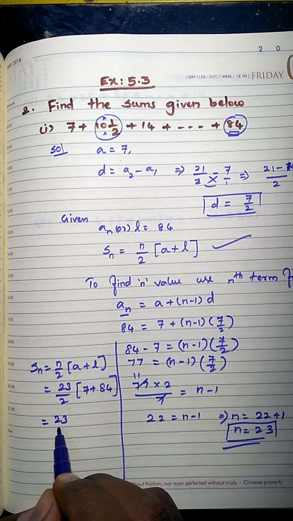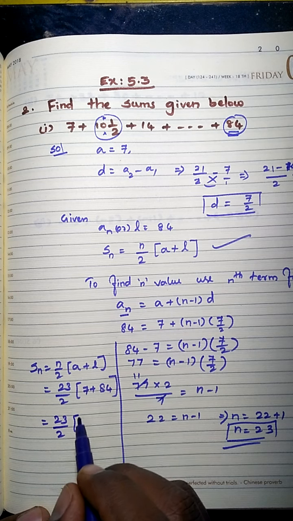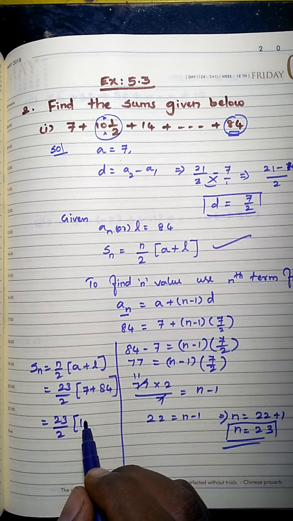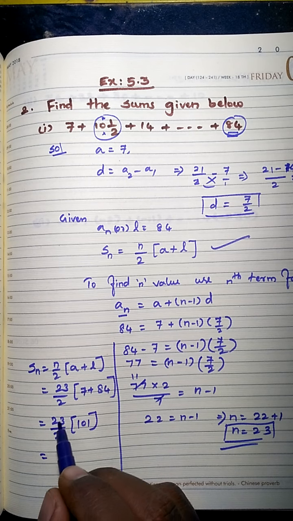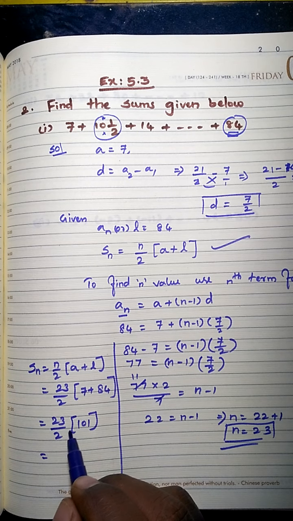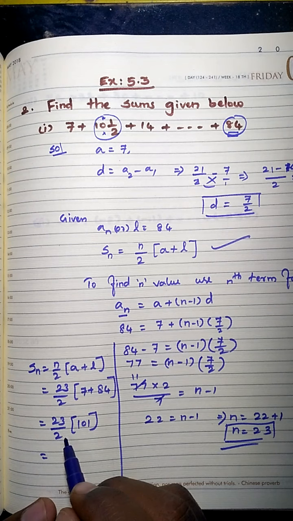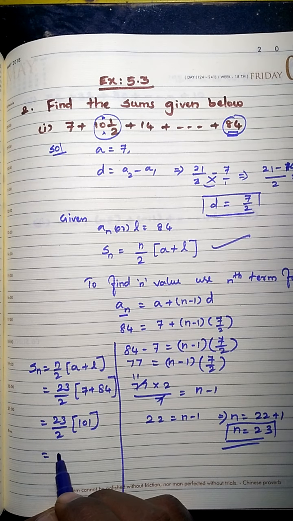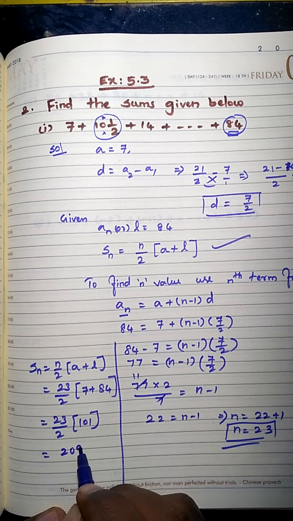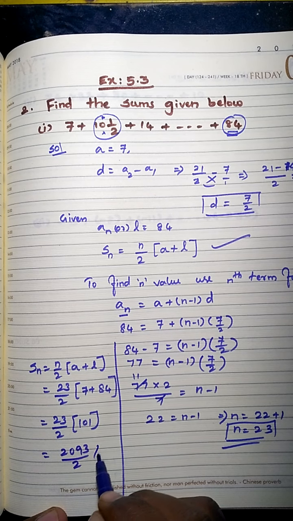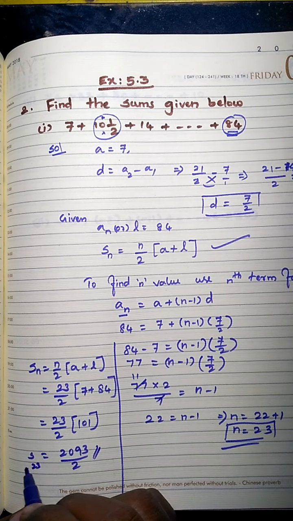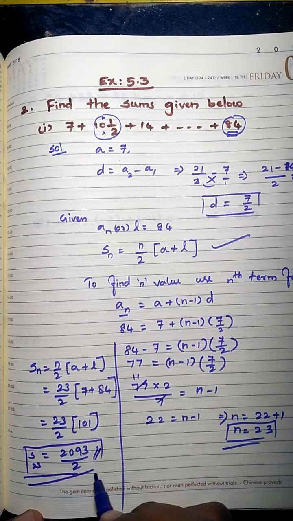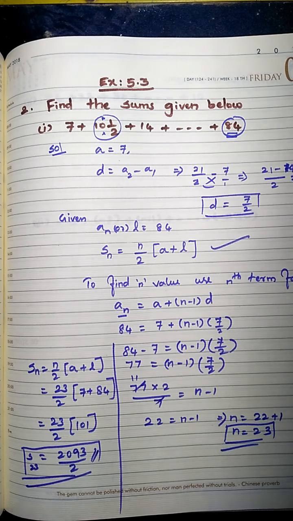Now 23 by 2, just add these, you will get 101. Either you divide here itself, or multiply by this 2 and then divide by 2, or if you multiply you will get 2093 by 2. If you divide also it's okay, otherwise you can leave it. So the n value is 23, and the sum of 23 terms is 2093 by 2.